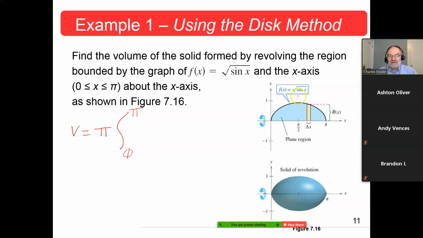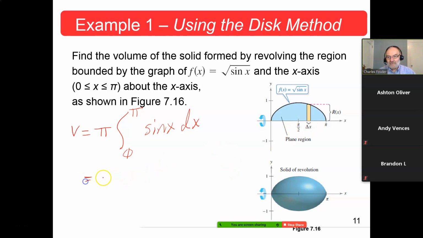When you square the square root of sine x, you just get sine x. And then the thickness of that interval is dx. This delta x becomes a dx.